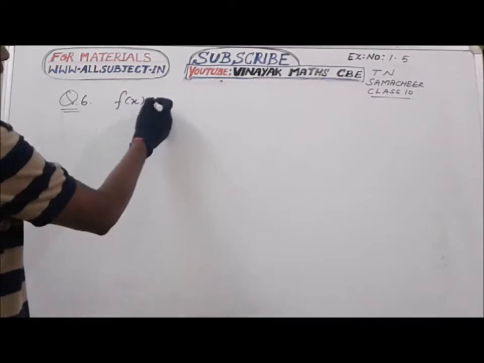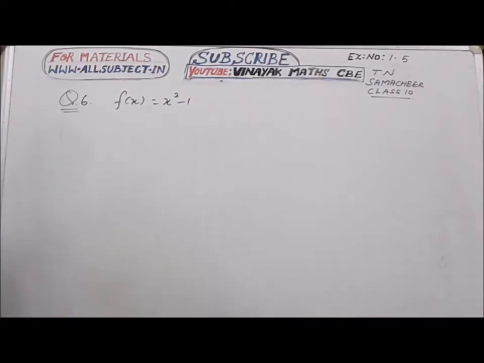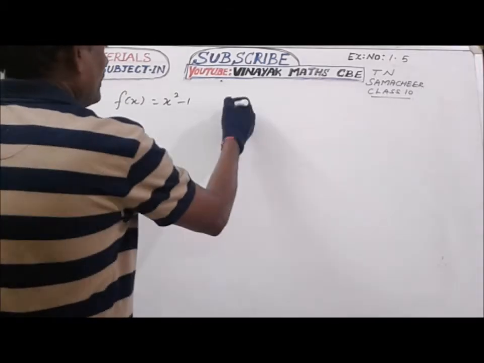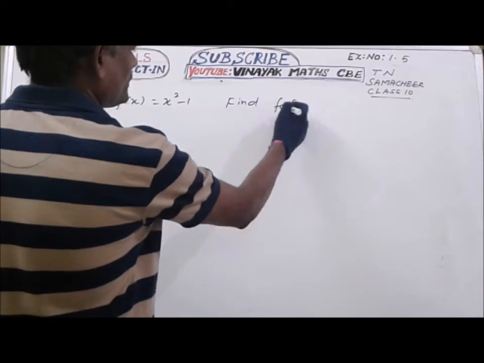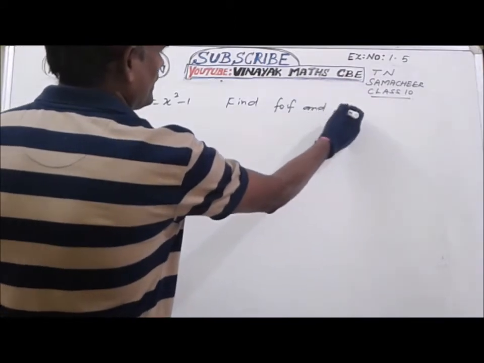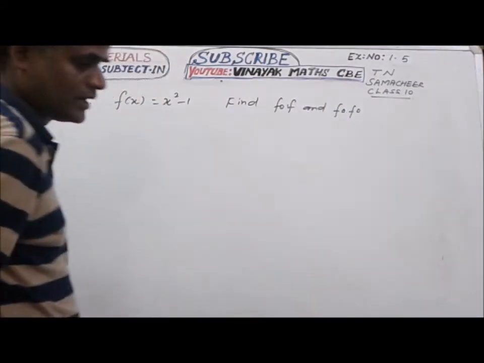Given f of x is equal to x square minus 1, find f composition f and f composition f composition f.